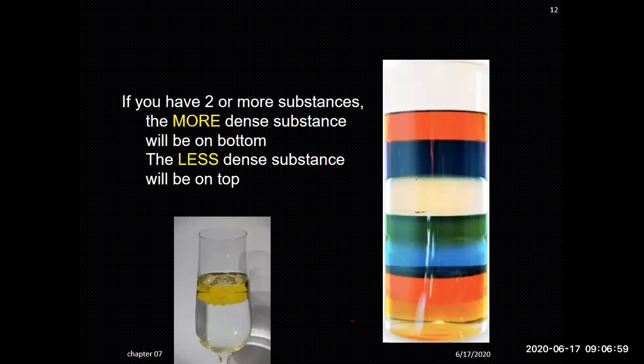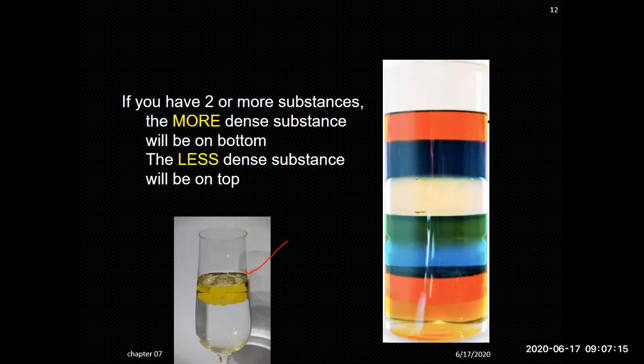So if you have two or more substances, the denser substance will be at the bottom, and the lesser dense substance will be at the top. Look at the oil. This is the less dense, and it's floating at the surface of the water. Look at this example.